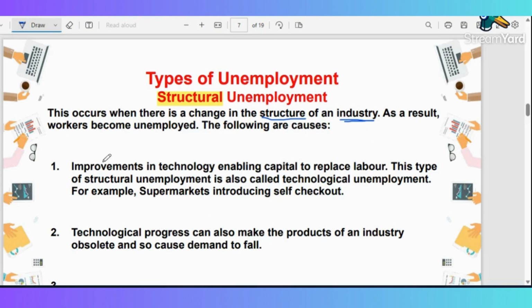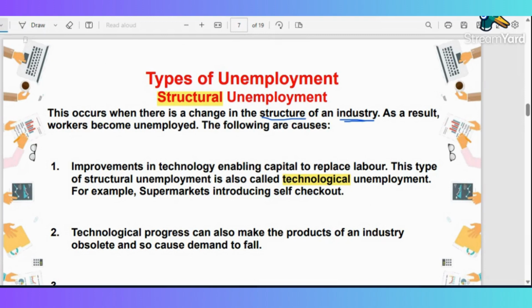Now, improvement in technology is one, and we say this one is on the rise. This enables capital to replace labor, right? When we think about technology, we think about machines, etc. This type of structural unemployment is also called technological unemployment. For example, supermarkets introducing self-checkout.